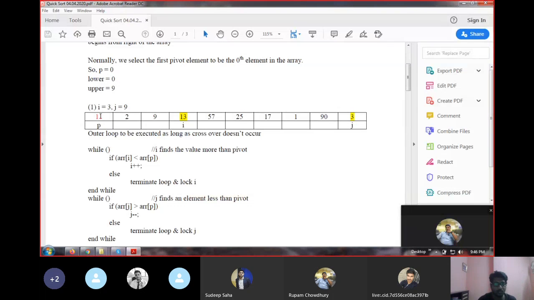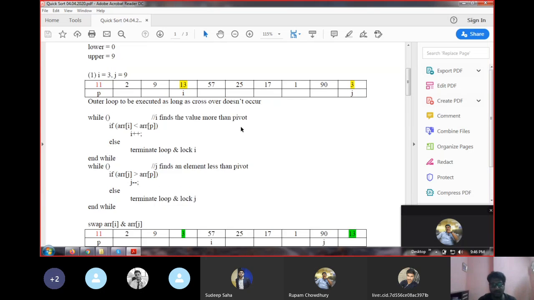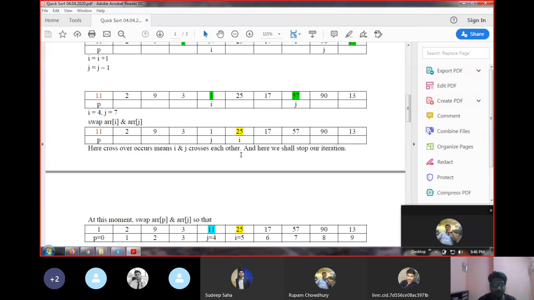We take up an element, let's say 11, as the pivot element, and then we find the exact appropriate position of 11 in the array, the position where the crossover occurs.